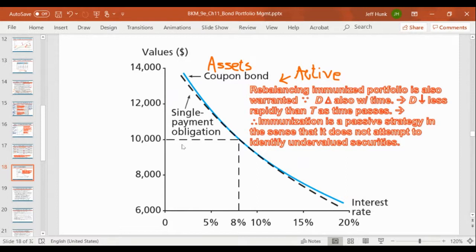And this is our claim, our obligation, right? In other words, a single payment obligation, right? So in other words, a GIC, right?